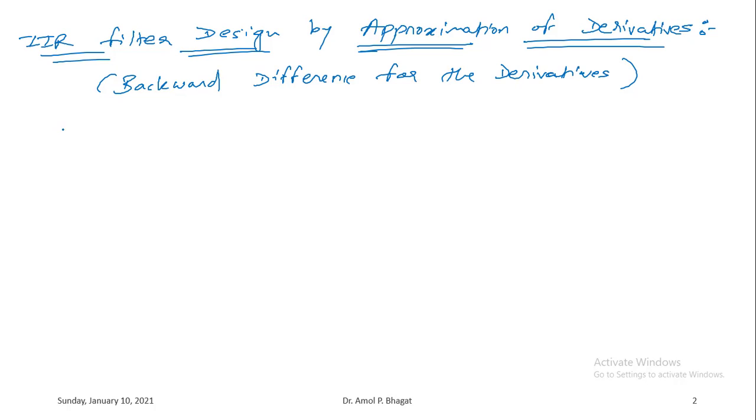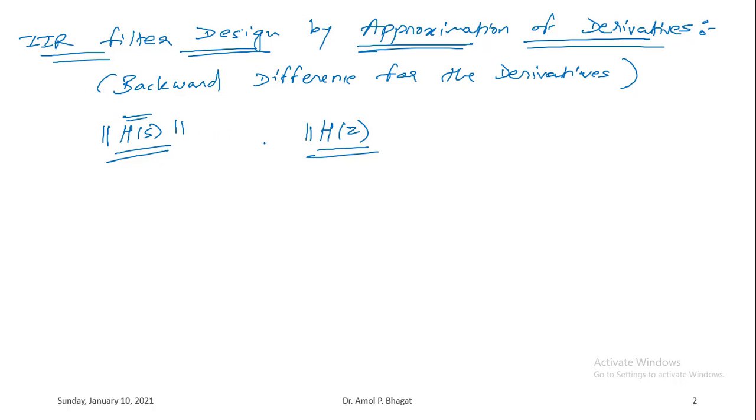For this conversion, we will be provided with the analog system function, denoted as H(s), and we need to convert this H(s) into the digital system function, denoted as H(z).